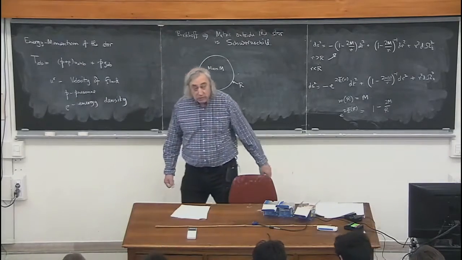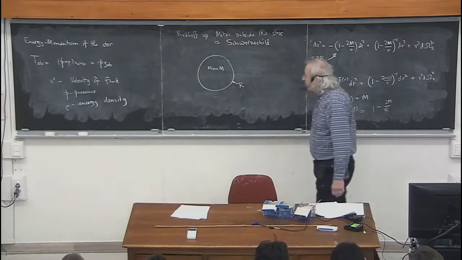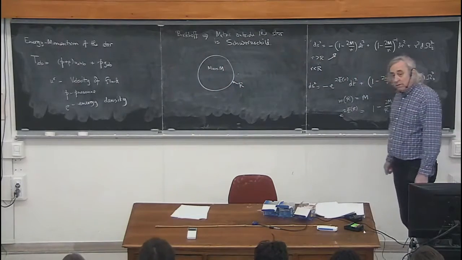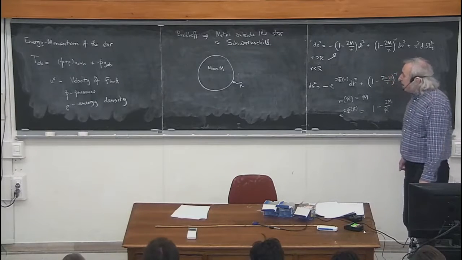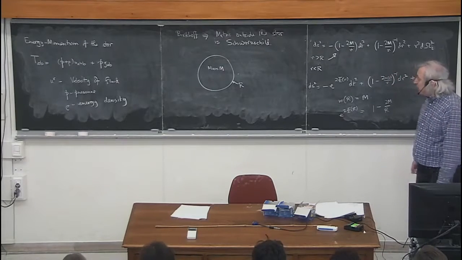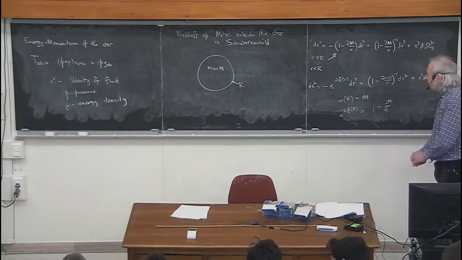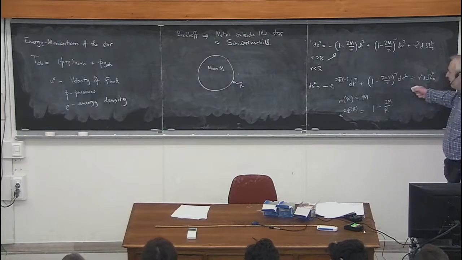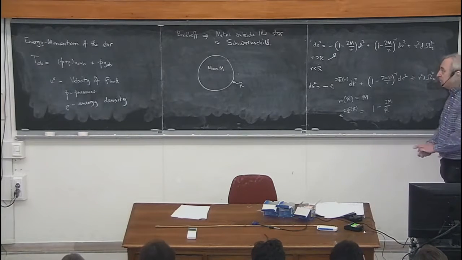So what we need to do is to find a solution of the Einstein equations where P and rho and U are only functions of r. They don't depend on time, where the space-time has this particular form.